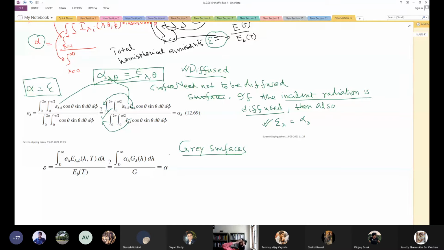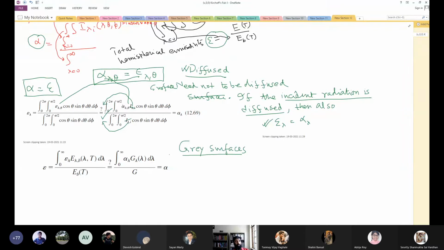What else? There is another thing you can see in that expression where this equality will hold: if E lambda B is equal to G lambda, or it behaves like a black body. So G lambda equals E lambda B. That means the incident global radiation comes from a black body.